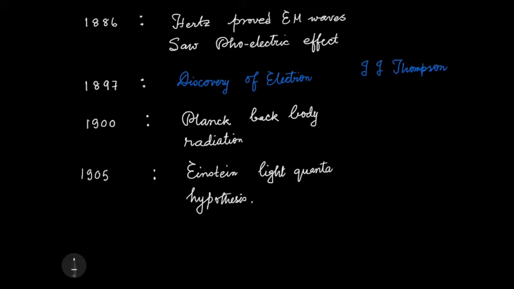Actually, he explained black body radiation and other phenomena, I think 7 phenomena. So total 8 or 9 phenomena were not explained at that time. Einstein explained all of them using the light quanta hypothesis. He even gave a better explanation of black body radiation in the same paper.